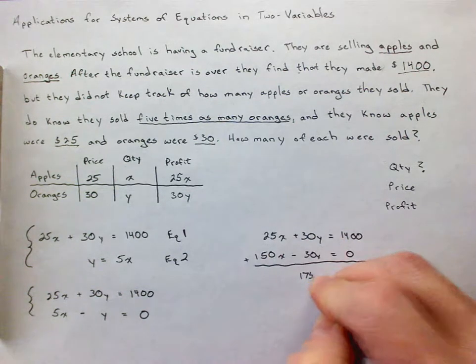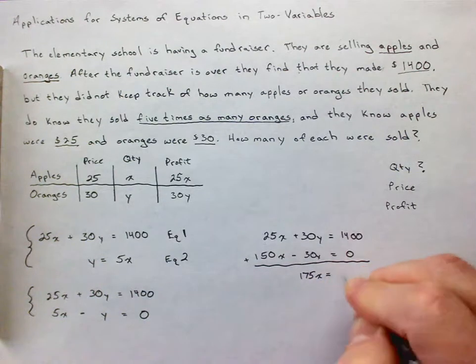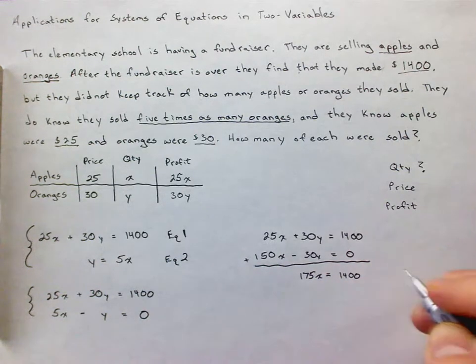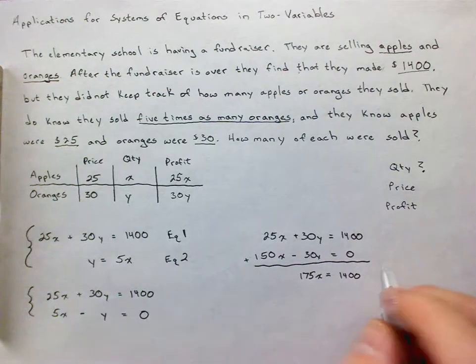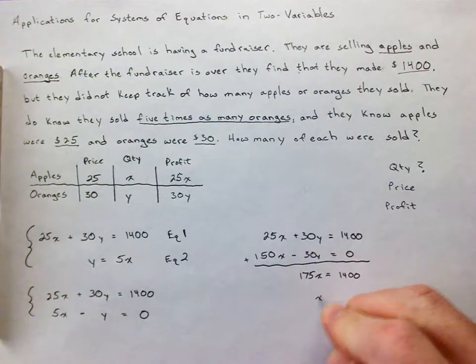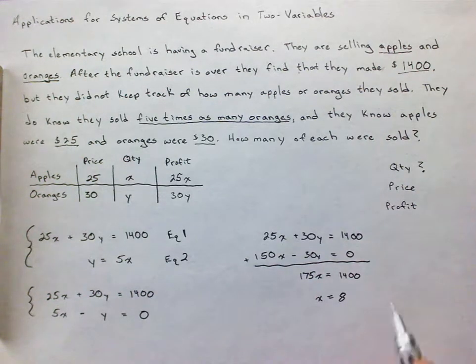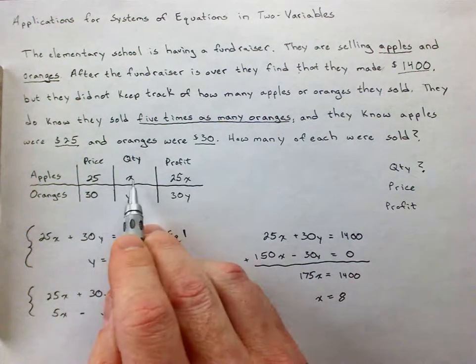So I have 175x equals 1,400. And then I need to divide. I can't do that one in my head. 1,400 divided by 175 is 8. So x equals 8. So what's that telling me? I sold 8 bags of apples.